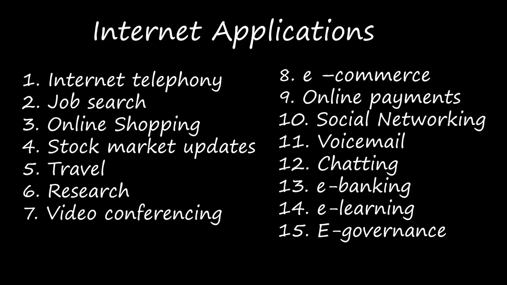The next one is about travel. If you want to travel to some place, you can just book it online, right? You can book hotels and flight tickets, and maybe a cab also, through online travel websites. What are the online travel websites? Travel Triangle, Make My Trip, Ola Cabs. These are all travel websites, right?